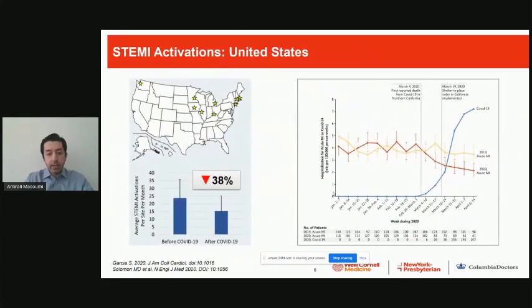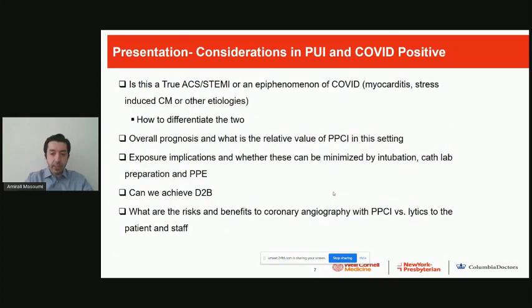And this is the data from America: on the left are 9 high volume centers with a 38% reduction in ACS presentations during the lockdown in mid-March. Also, a recent New England Journal of Medicine report showed a significant reduction in Northern California, almost 48% per week reduction in ACS presentations. We had similar data within NYP, which includes 9 hospitals in the New York metropolitan area.